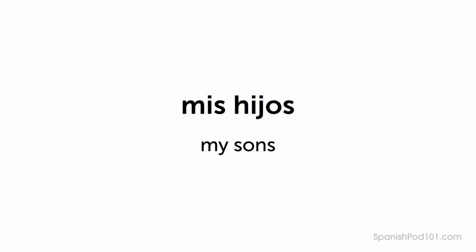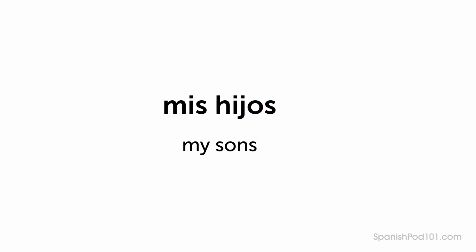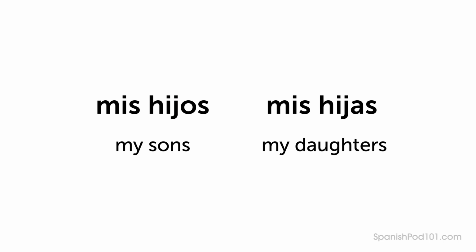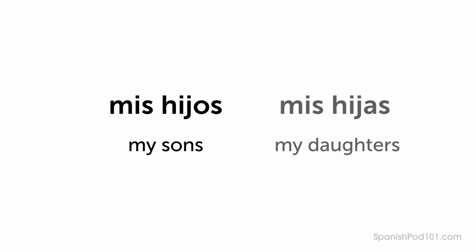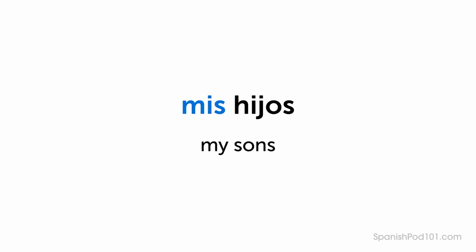Hijos is the plural form of hijo, son. Note: hijos can refer to a group of sons or a mixed group including at least one son and one daughter. However, when referring to a group of only daughters, use the word hijas. Before this, mis, my.